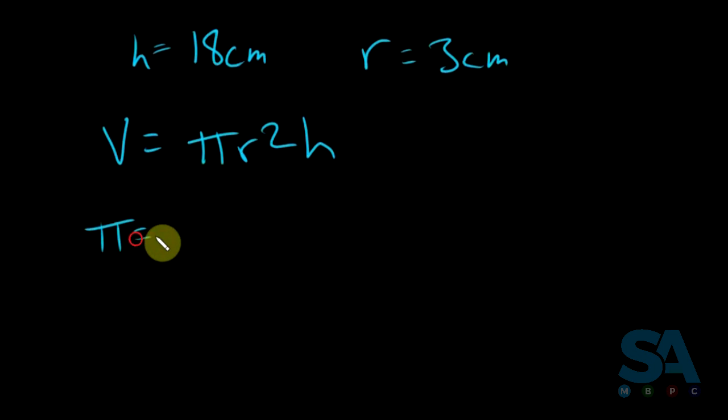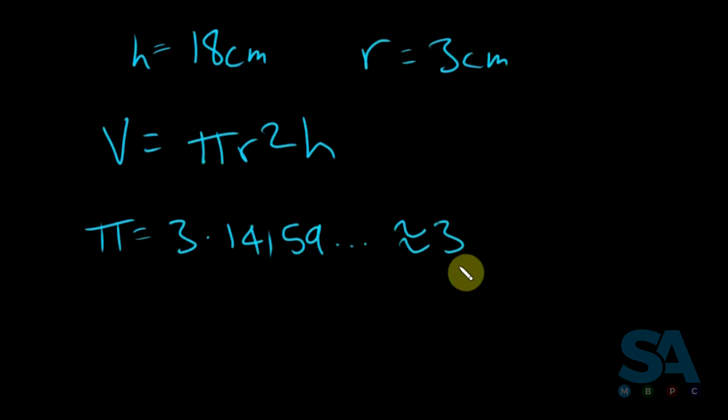Pi is equivalent to 3.14159 and so on. So what we do here is we're just going to round this to one significant figure, giving us 3. We could also round the height, 18 centimeters, to one significant figure, giving us 20 centimeters.